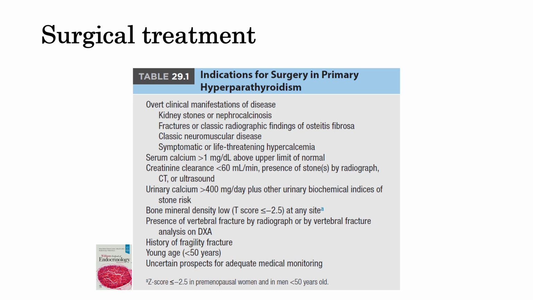So, the surgical treatment for those patients: who are the candidates for surgery?